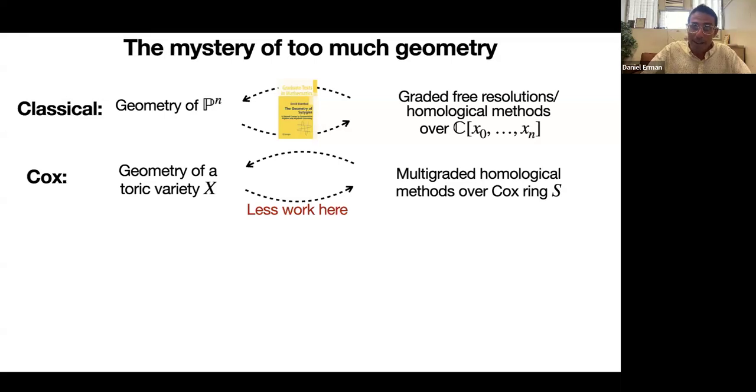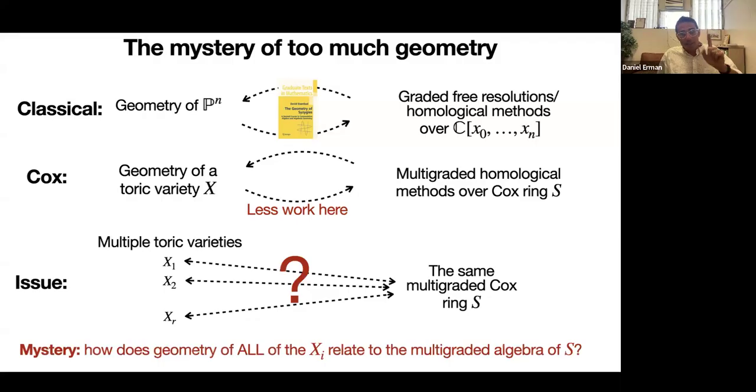But I want to point something out here. There's something funny, which has to do with this choice of a bad locus or a choice of an irrelevant ideal, which is that the same multigraded Cox ring can correspond to several different toric varieties. And if you're interested in building an algebra-geometry dictionary, this is something of a mystery.